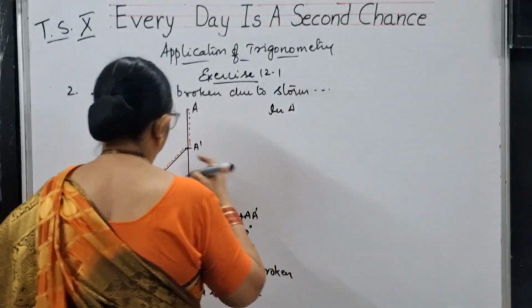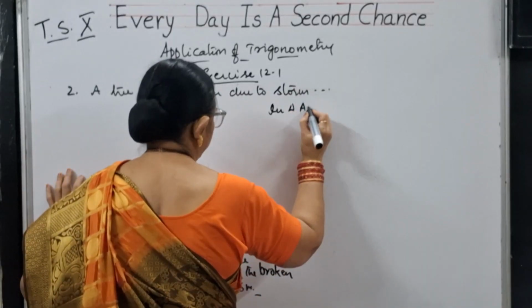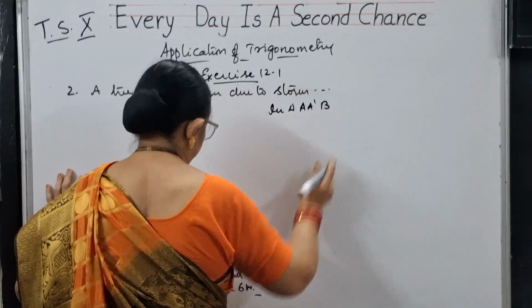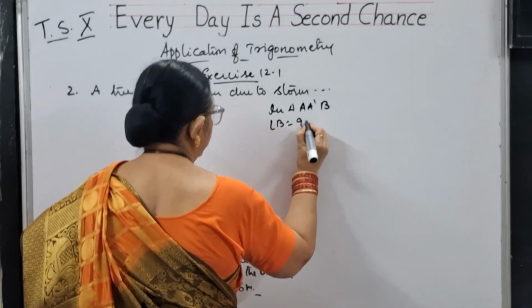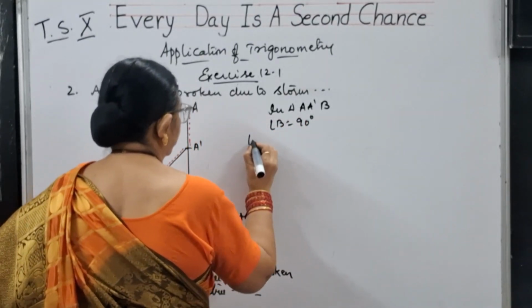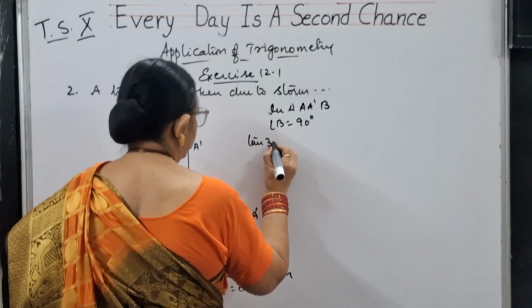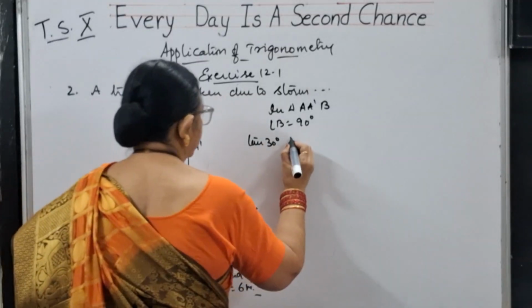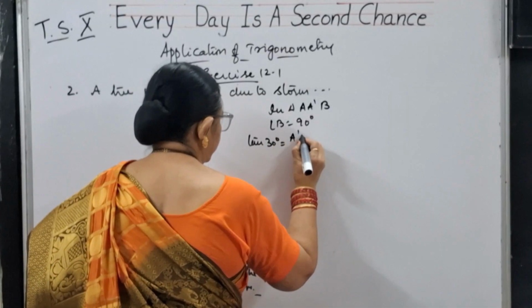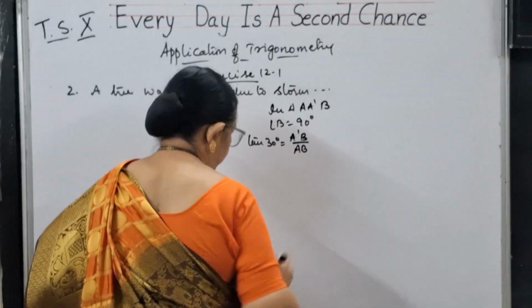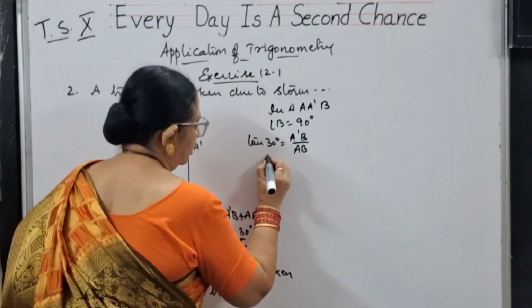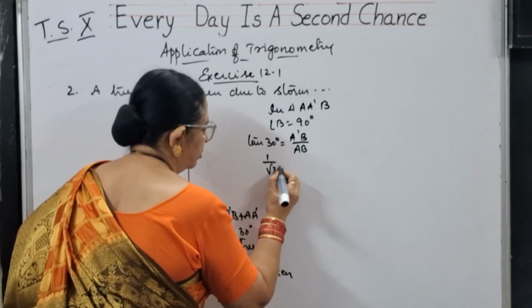In triangle, we have to talk about A'B. In this triangle, angle B is equal to 90 degrees. So what is tan 30 degrees? Tan 30 degrees is nothing but A'B by AB. So tan 30 degrees value is 1 by root 3 in the table, children.